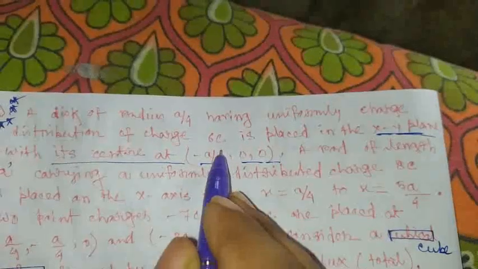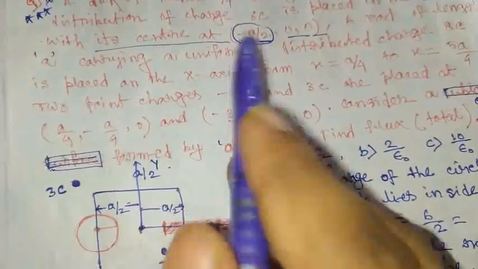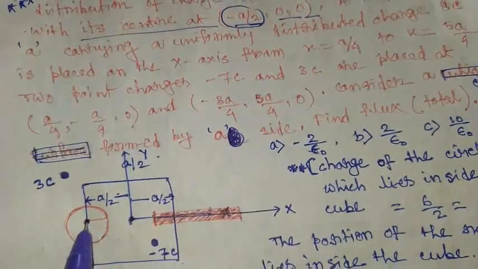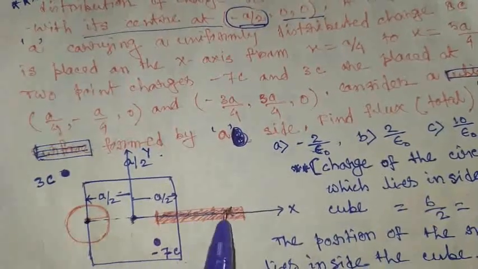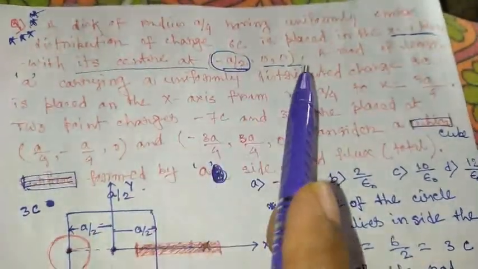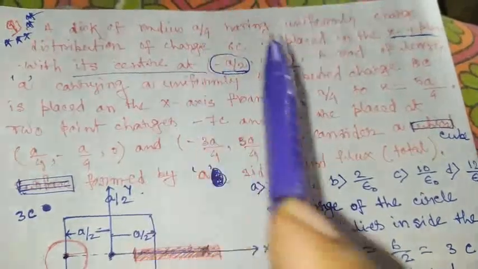That means the disk is on the negative x-axis at the minus a by 2 position, and it has a radius of a by 4.